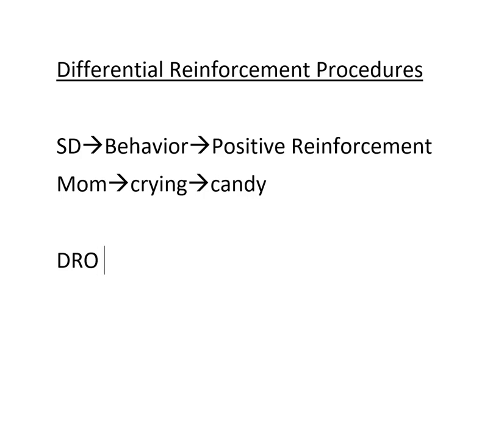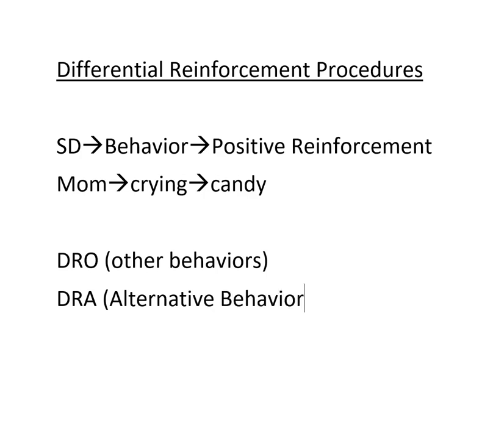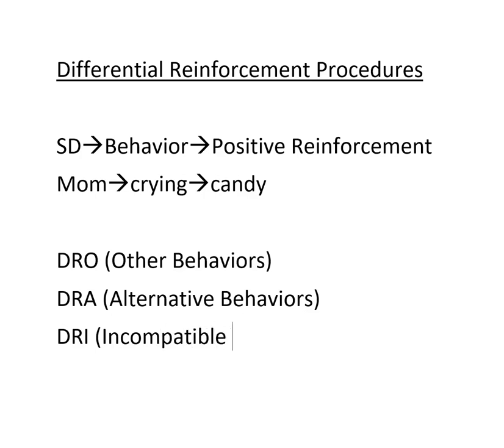Okay, so O is for other behaviors. We have DRA, alternative behaviors. So the A is for alternative. Okay, we have DRI. I is for incompatible behaviors.